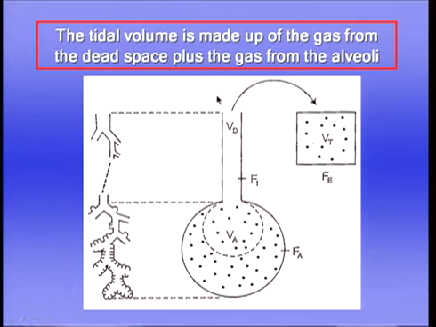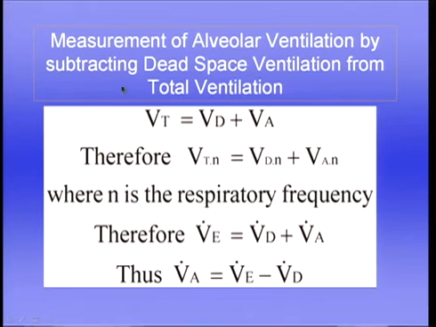And let's show how we can do that using symbols. Now tighten your seatbelt, because you haven't seen these symbols before, and initially they may be rather daunting, but they're not really. What we're showing here is the way we can measure alveolar ventilation by subtracting the dead space ventilation from the total ventilation. And what we're saying is that V stands for volume, sub T means tidal.